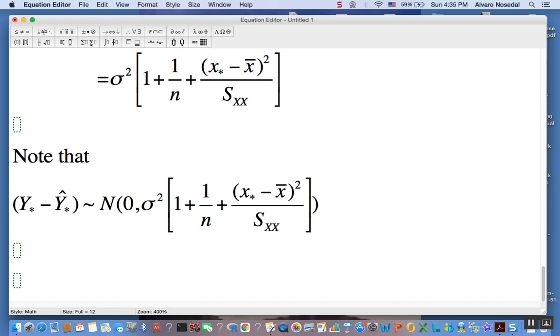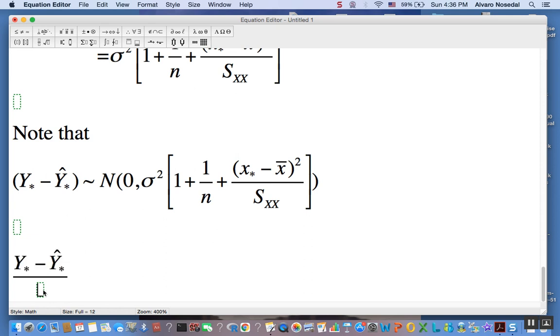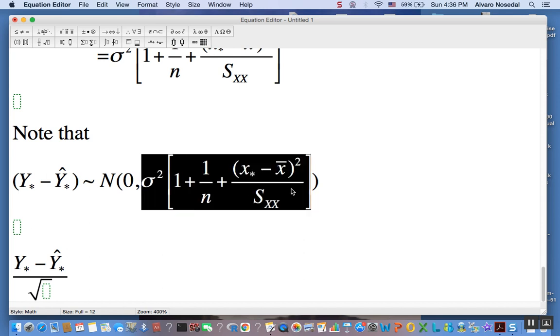Now, if we divide by the standard deviation, we end up with a normal 0, 1. So let me write that down: y star minus y hat star, divided by, now I will need the square root of this.